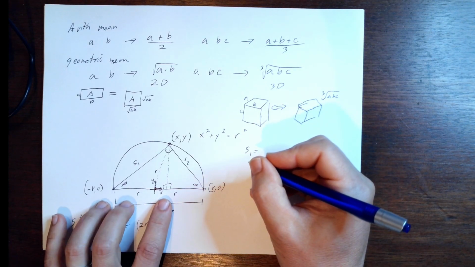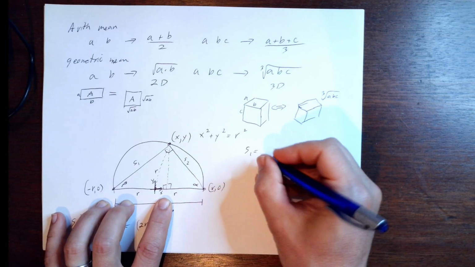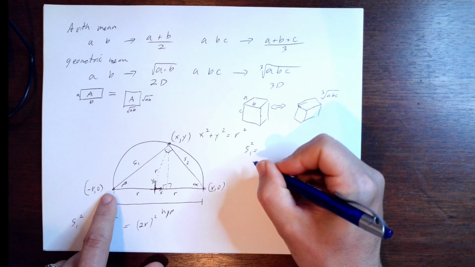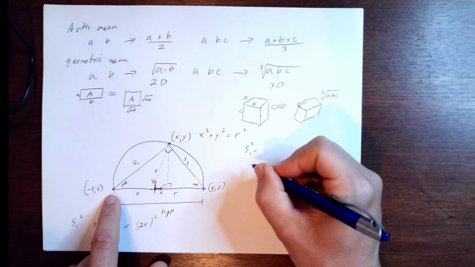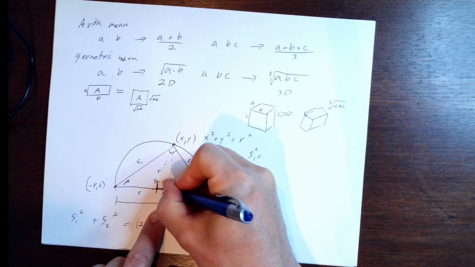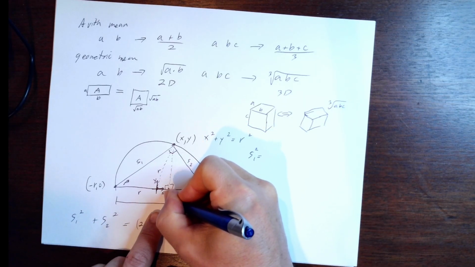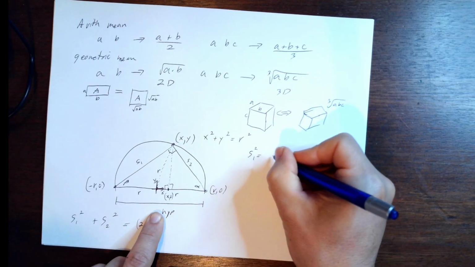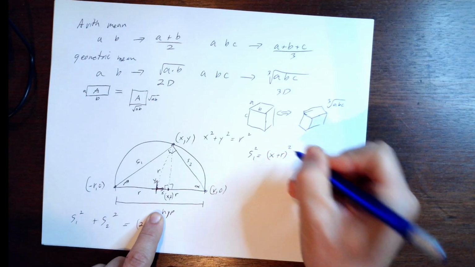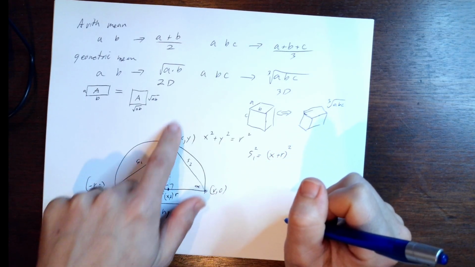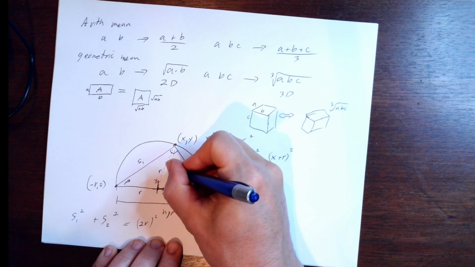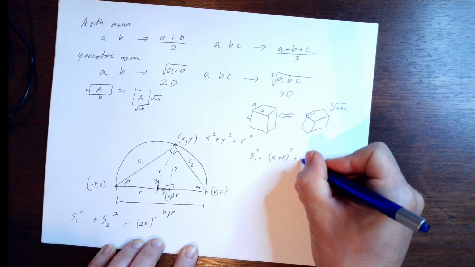So the distance along the bottom here is going to be r units from the origin to the point, and then a further x units to my coordinate point. I could label this guy down here if we'd like as well. It'd be (x, 0). So I'm going to have (x plus r) squared as the base, and then the vertical here goes from 0 up to y, so the distance here is going to be y squared.